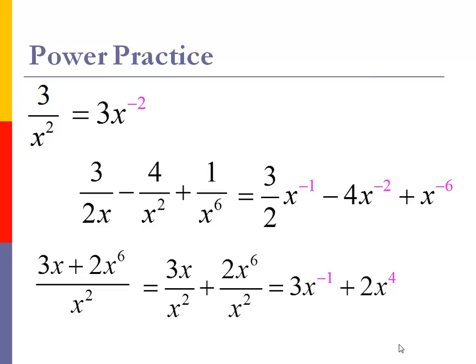That's 1 minus 2, giving me a negative 1 power. For that second fraction, I've got a coefficient 2, so I bring that out in front. I've got power 6 on top, power 2 on the bottom, so that's 6 minus 2, giving me a positive 4 power. And so that's just rewriting that expression. First thing to do, separate the fractions, and then take the differences of your powers.